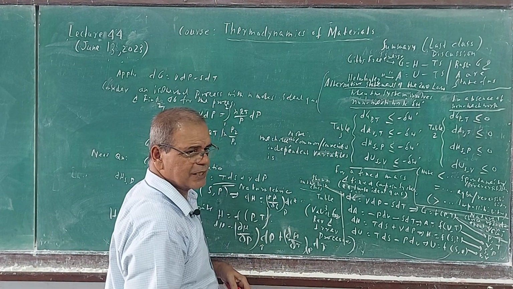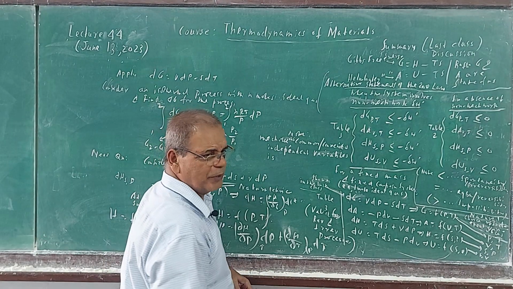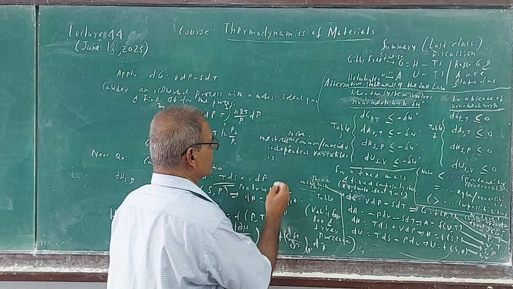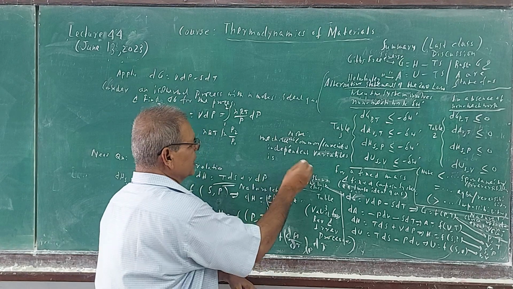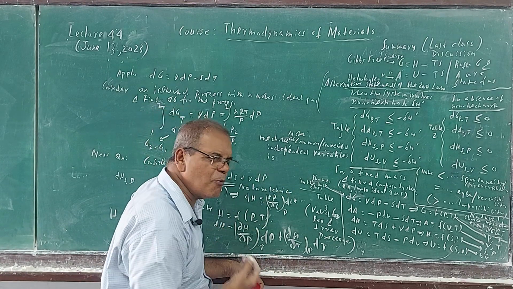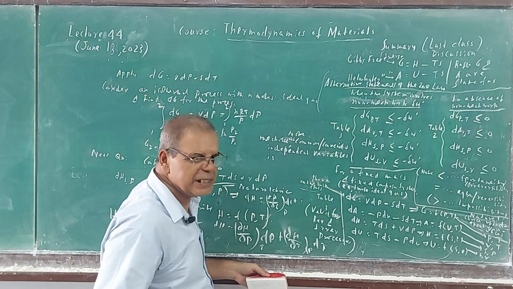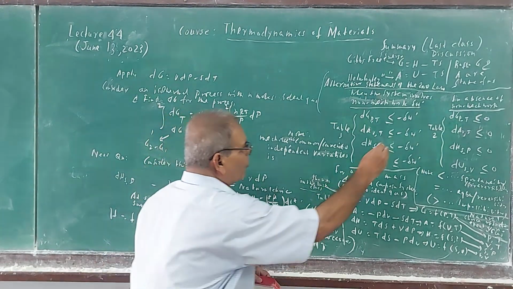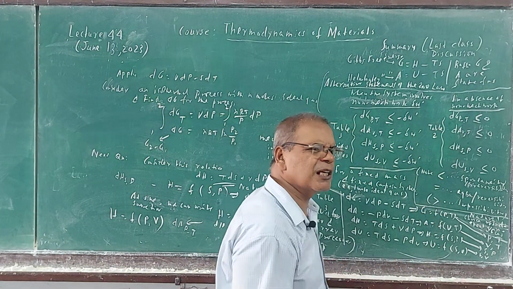These are the common choices as independent variables. What are they? Common, practical, useful, easy to keep constant. You make pressure and temperature constant: constant pressure, constant temperature.